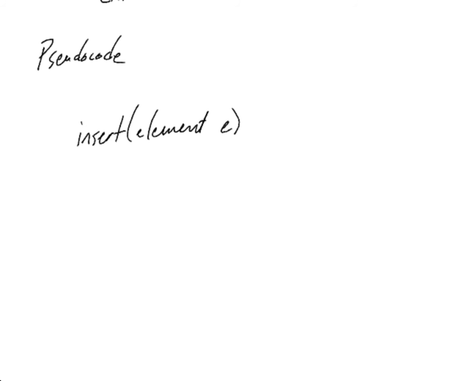One important thing is that this is a zero-based index. Not like the book. The book is one-based, this is zero-based. Okay. So I'm going to insert an element. First thing I'll do is increment the heap size.